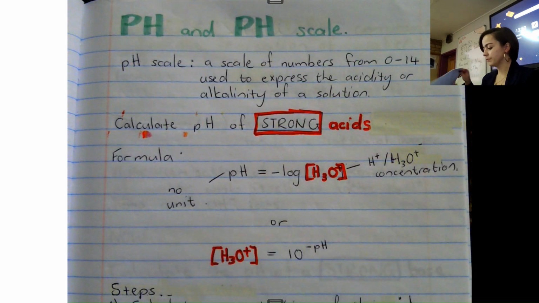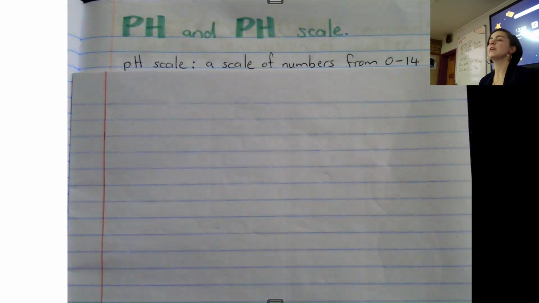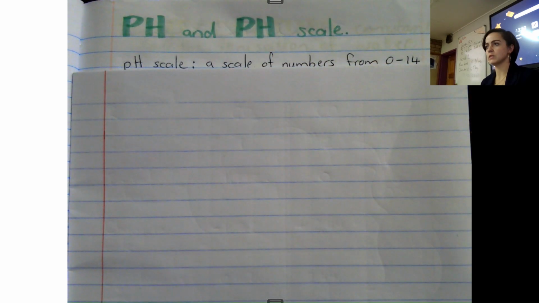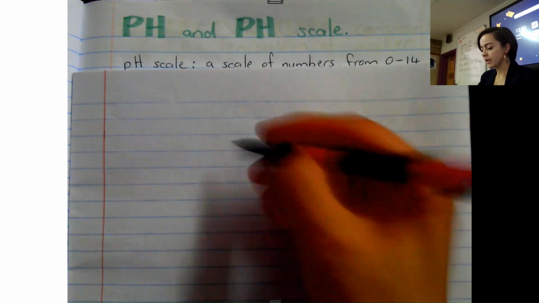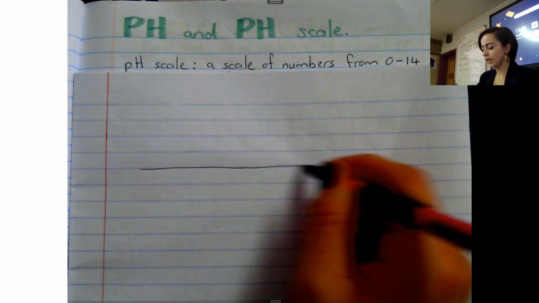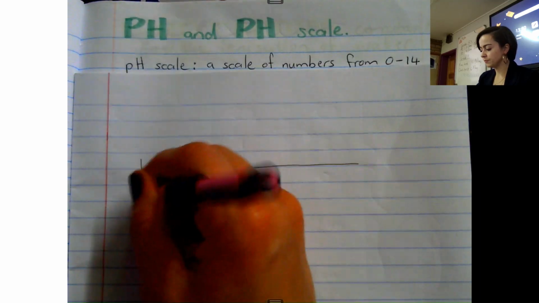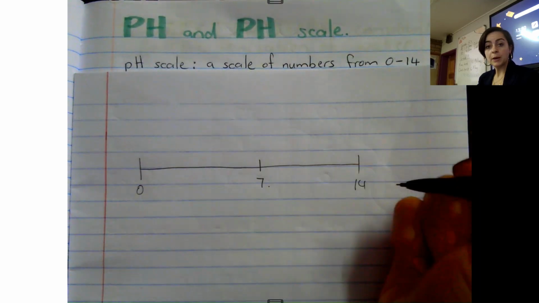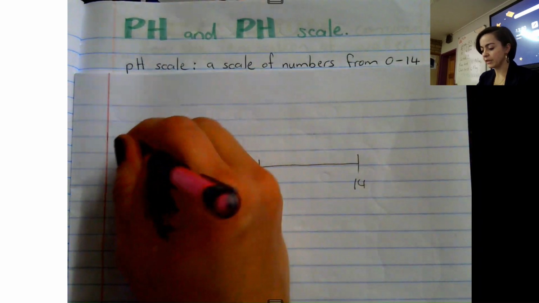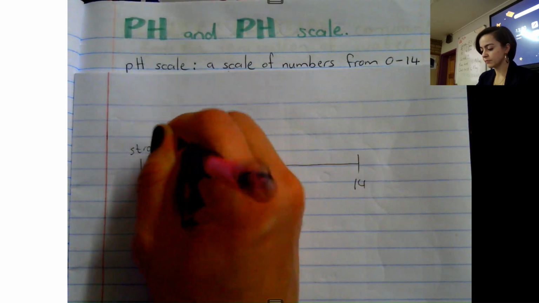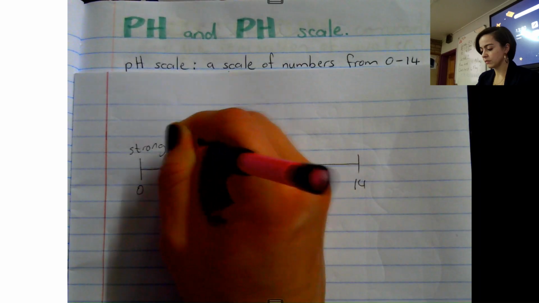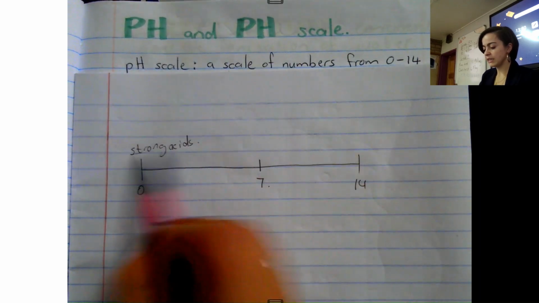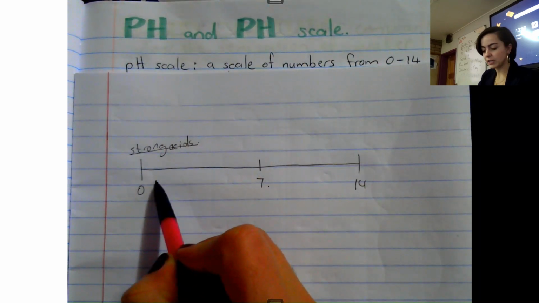Now, just to clarify something that I see sometimes learners get confused with. If this is my scale and it goes from 0 to 14 with 7 being in the middle, my strong acids will be here. My strong acids have low pH values.